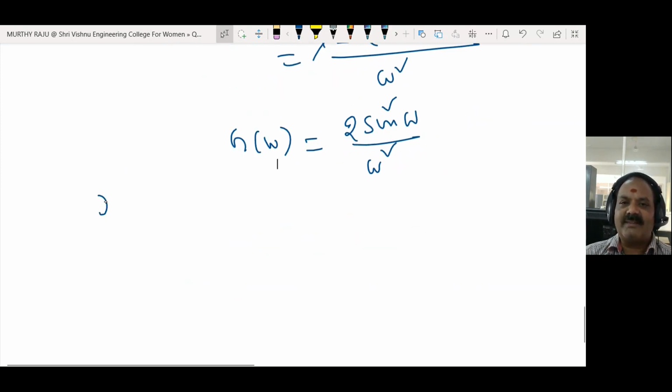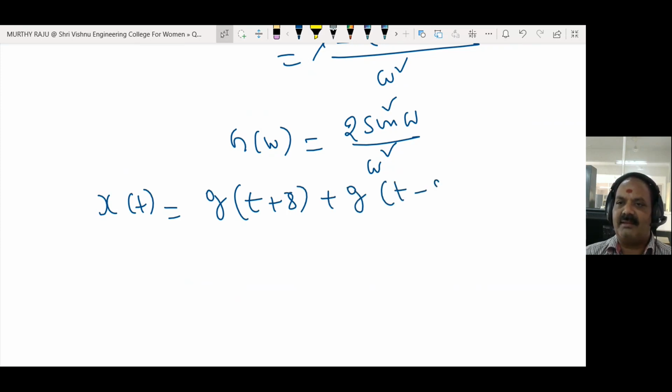We know that x of t is equal to g of t plus 1 plus g of t minus 1. Apply Fourier transform. X of t has transform X of omega, the original function. Here this is the shifted function.